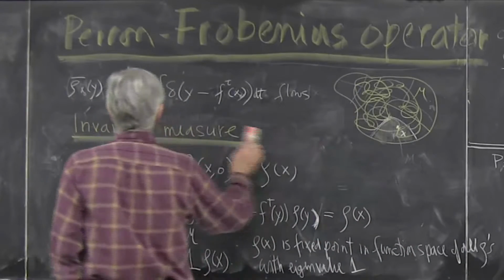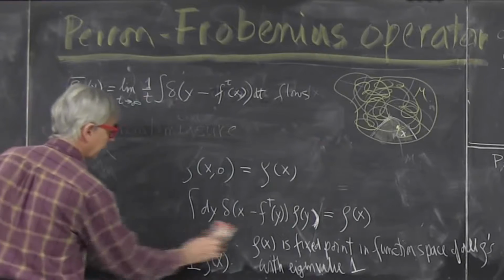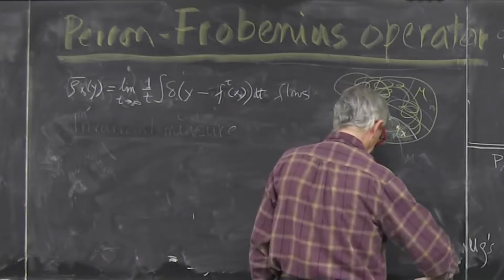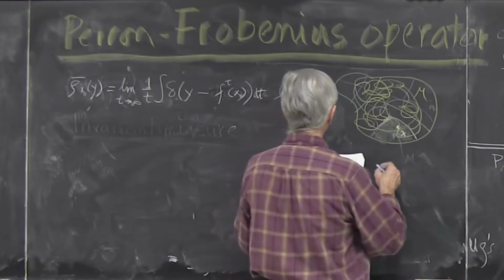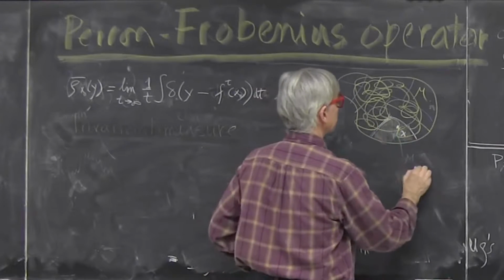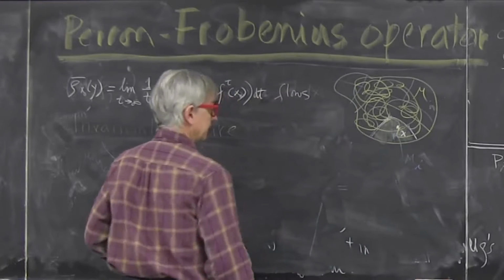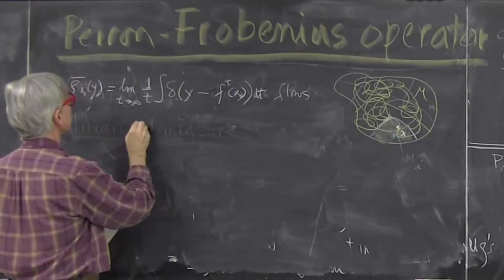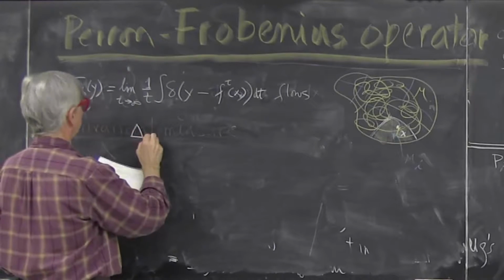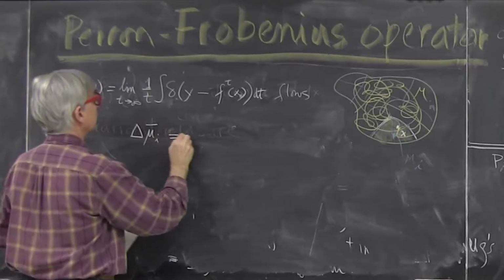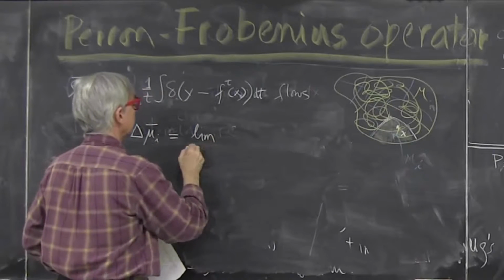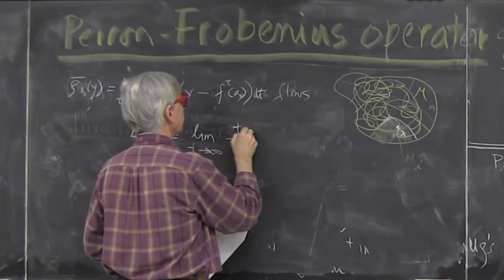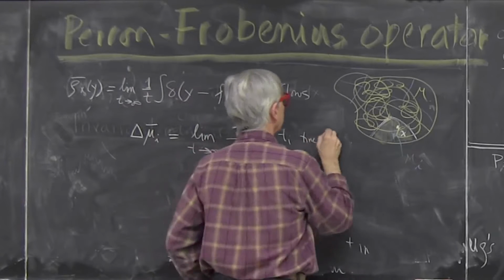Now, what do I actually do to describe my density function? I can only do it to finite resolution. So what I do is I box it in little regions, like this one, M_i. And then I can compute the probability that I'm in that region. So I can compute d mu_i equals the limit as t goes to infinity of the time spent in the box over the total time.